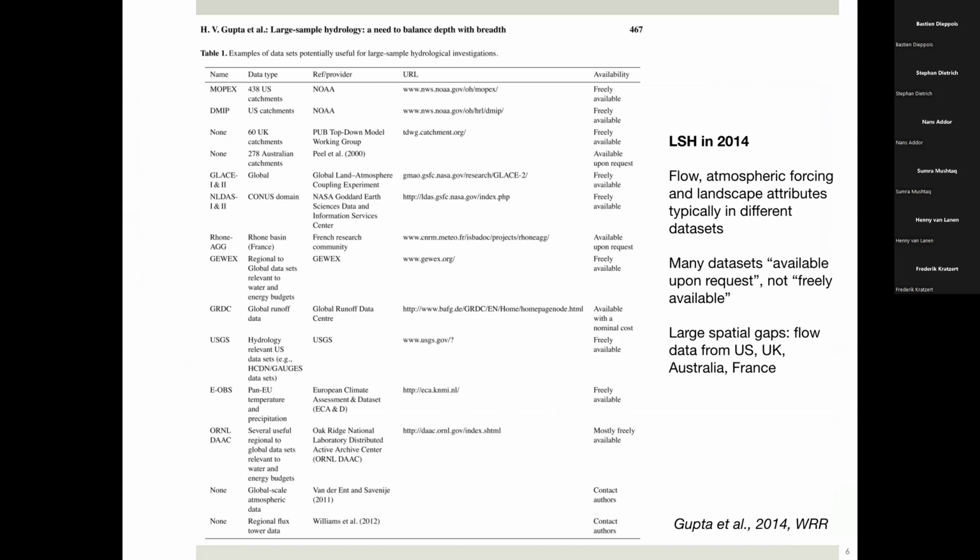Roughly speaking, you can split this table into two categories. You have the sources that give you flow data. And obviously, you have GRDC. The Global Runoff Data Centre is an absolutely amazing resource when you're looking for flow data, because they cover thousands of catchments across the world.